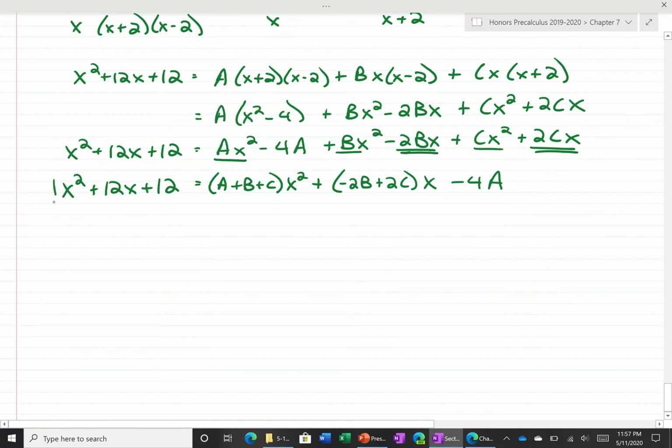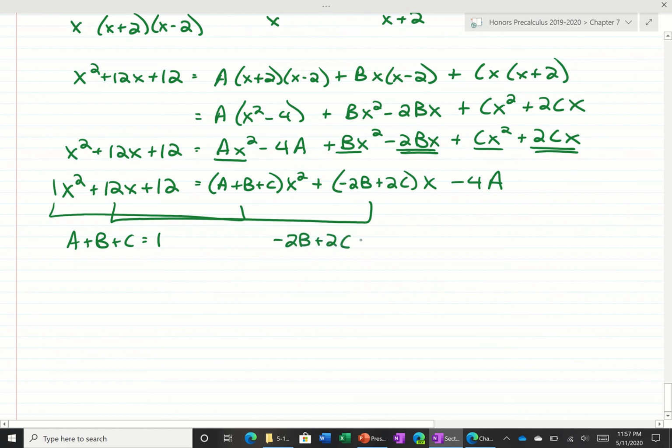Total number of x squared has to equal total number of x squared. Total number of x's have to equal total number of x's. Our constants have to be the same on both sides. So we know that A would be -3.